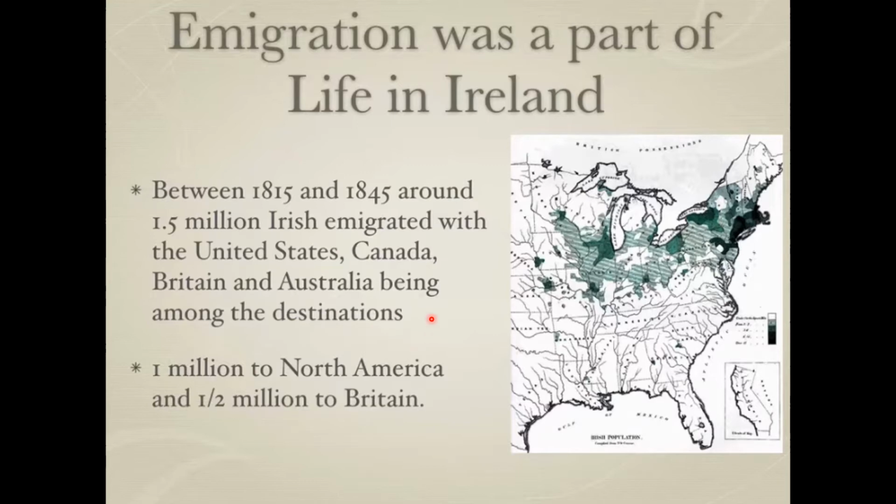Around 1 million went to North America and around half a million went to Britain. So that gives you an idea of the scale of the number of people leaving our country to seek new and better lives elsewhere.